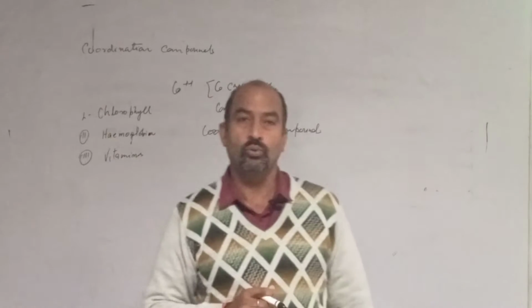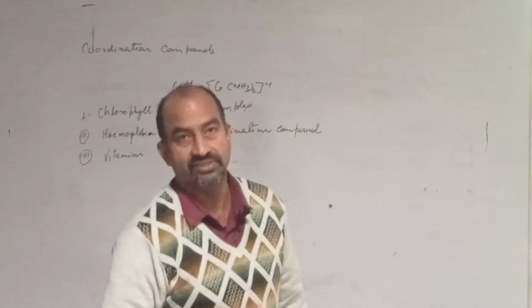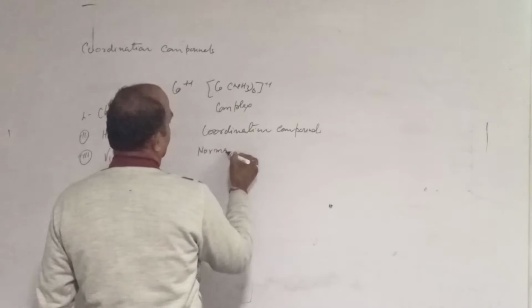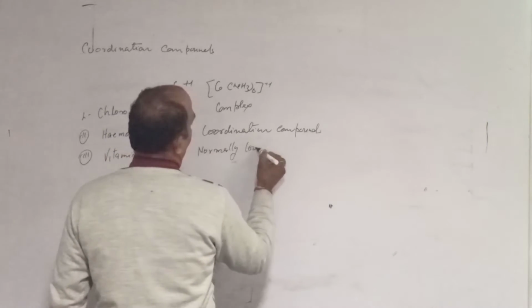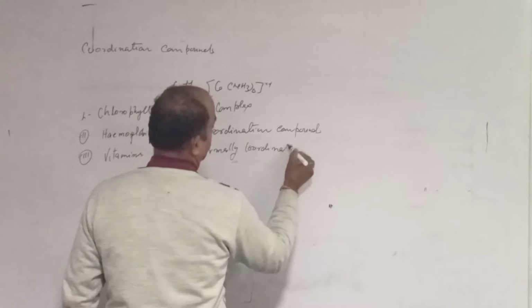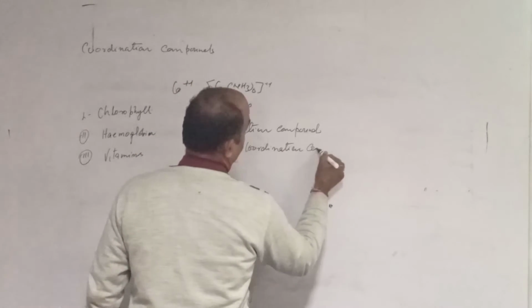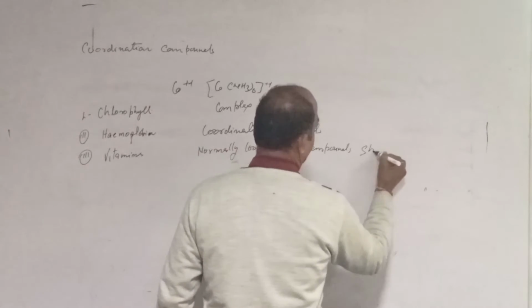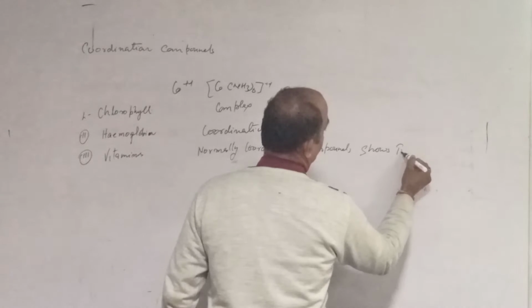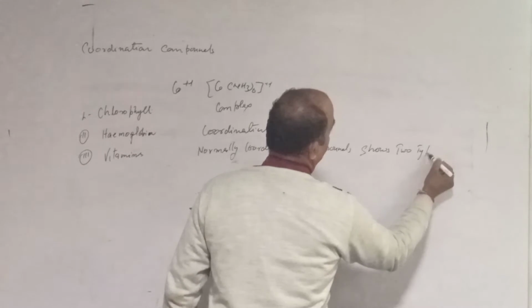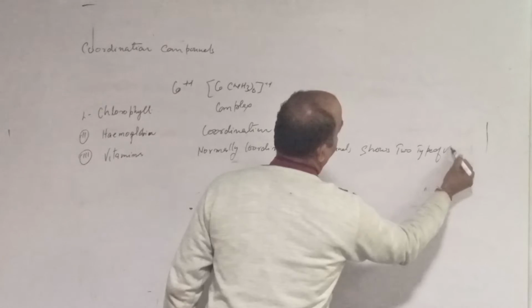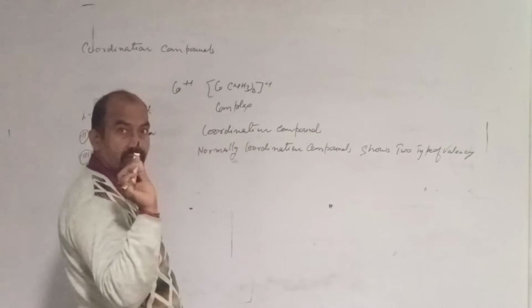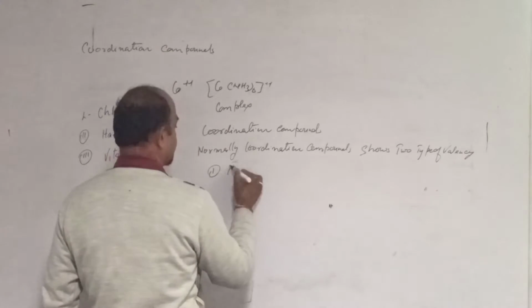At first, normally a coordination compound shows two types of valency. Number one, primary valency. First one is primary valency.